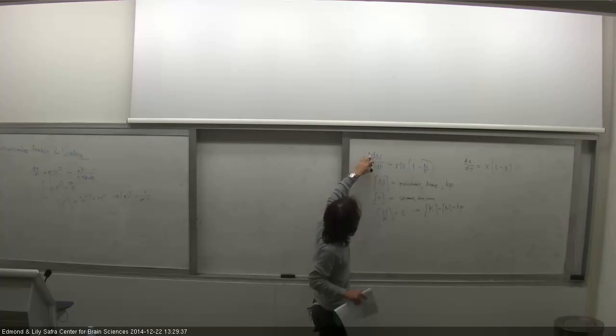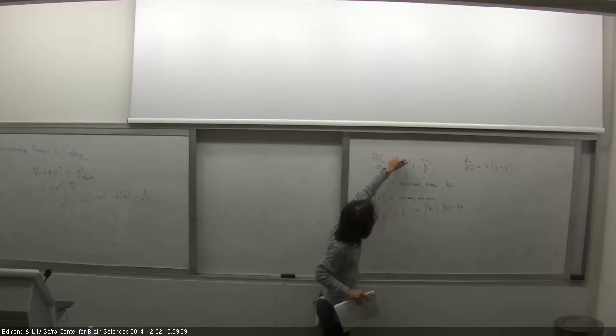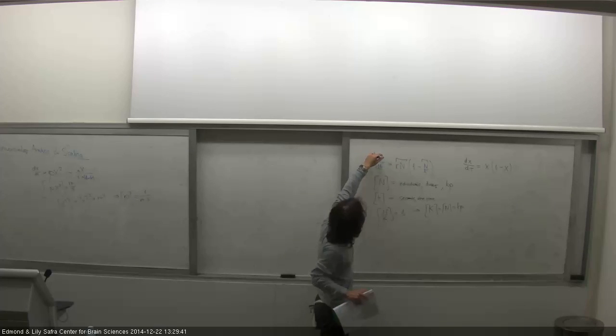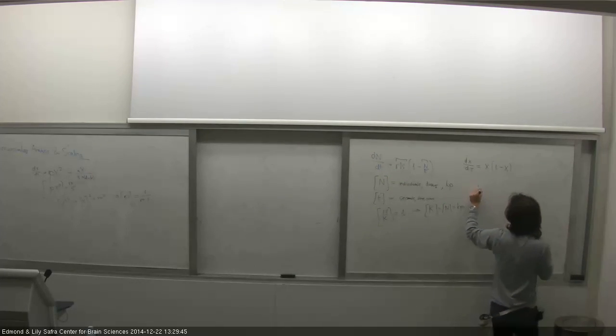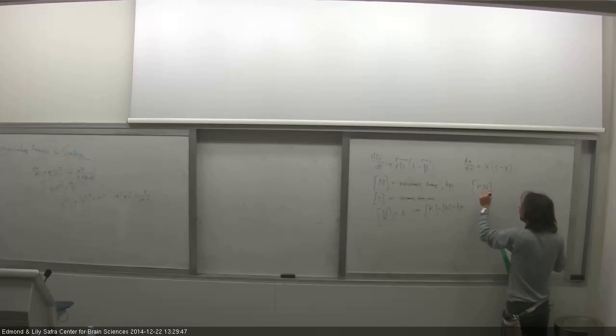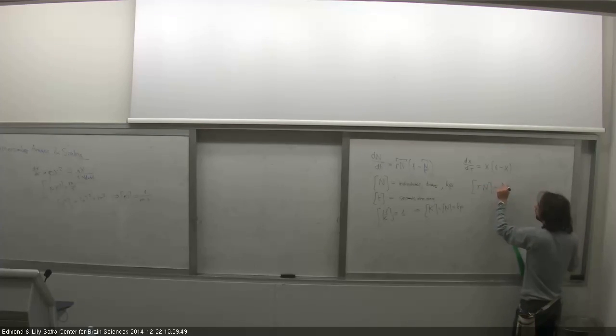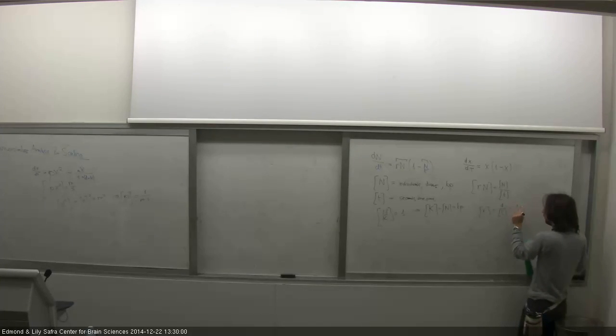So the units of Rn should be equal to the units of dn over dt, right? And so R should have a dimension of 1 over time, and that will be 1 over second, or 1 over year, and so on.